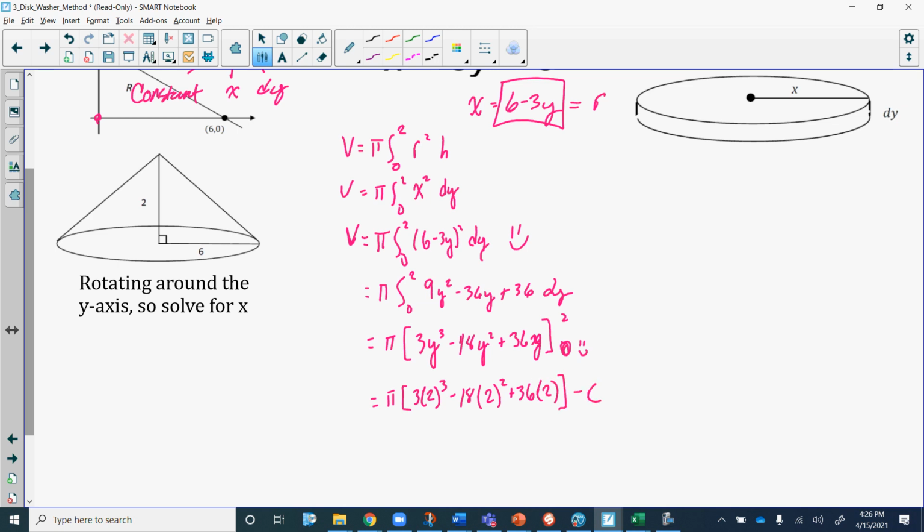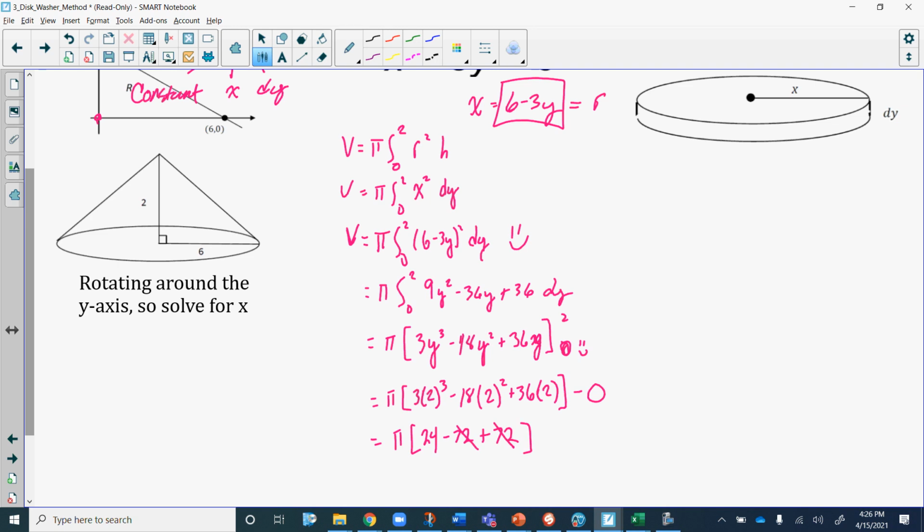And again, minus 0 if you need to have anything there. And when I do that, 8 times 3 is going to be 24. 4 times 18 is going to be a negative 72, and then a plus 72, and we can see that those two are going to cancel out.